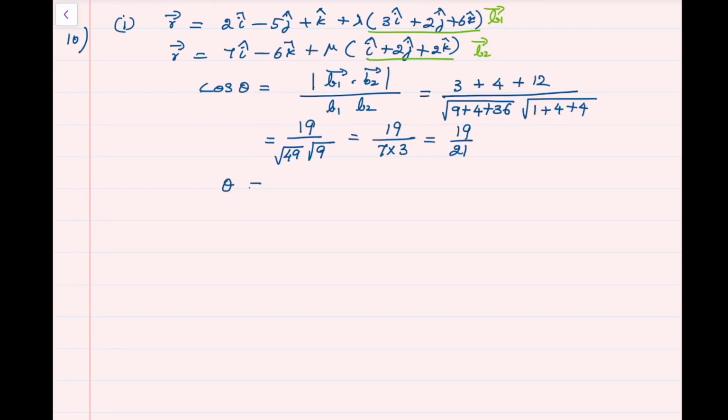Therefore, theta is equal to cos inverse of 19 by 21.